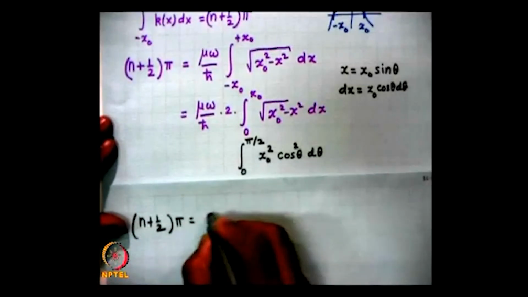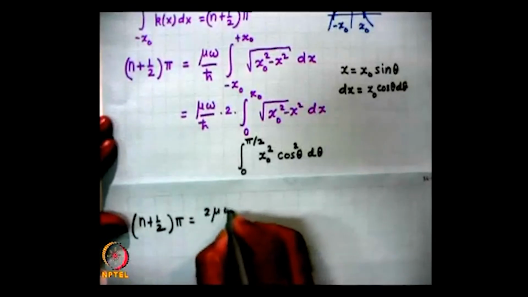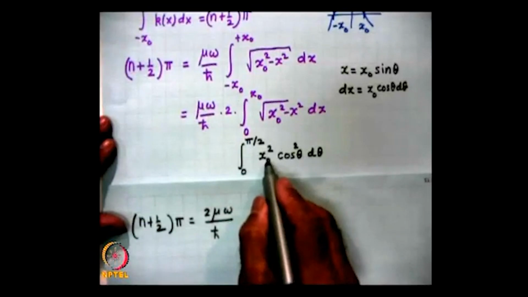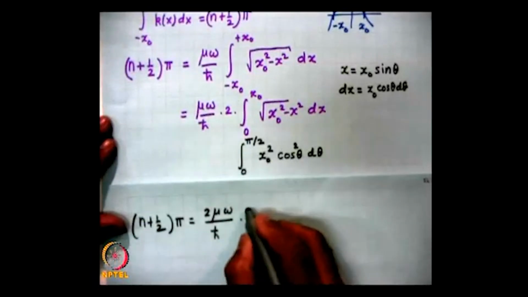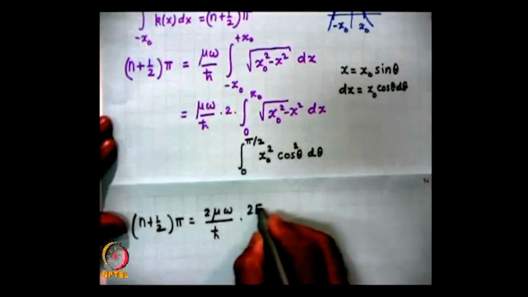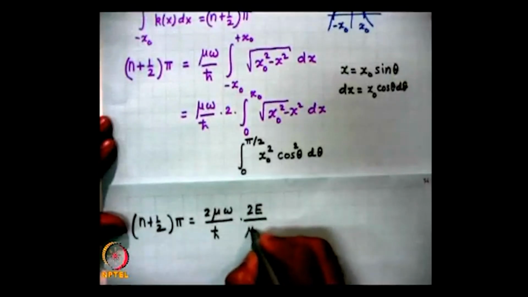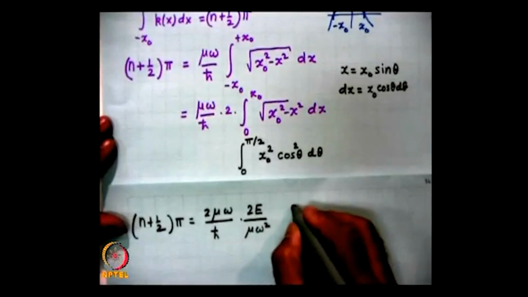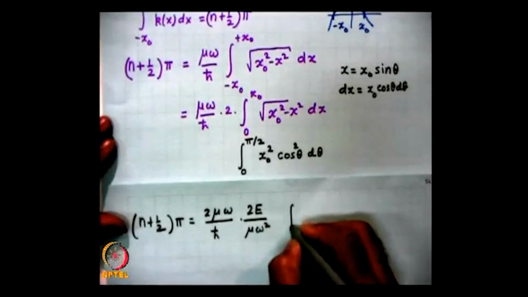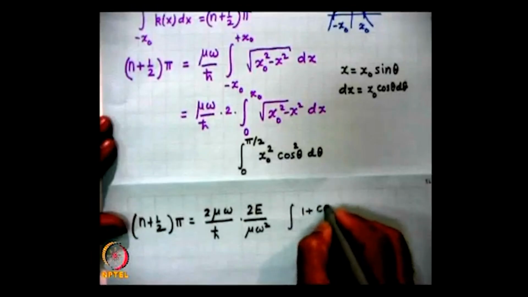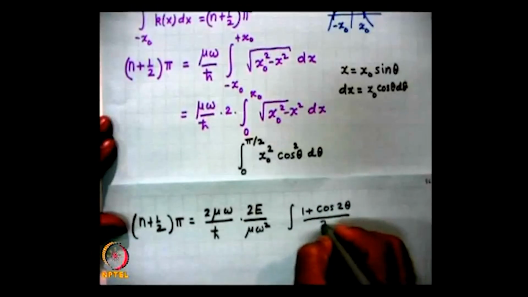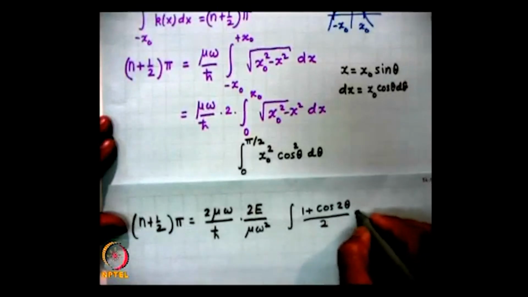is equal to 2 mu omega by h cross multiplied by x naught square. So, x naught square is 2E by mu omega square and this will be cos square theta, so 1 plus cos 2 theta divided by 2 d theta.